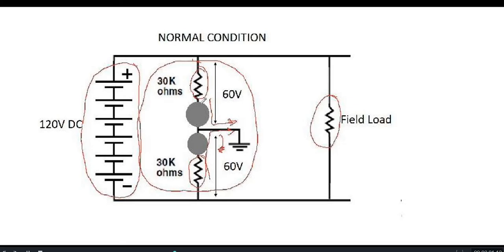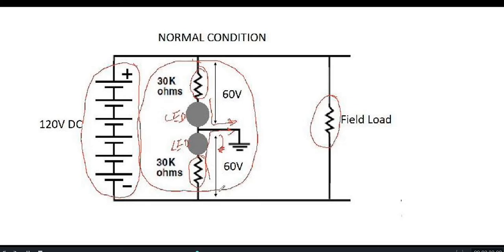Because of that, there are two LEDs. This is also an LED. These two LEDs are connected: first, one is connected from the positive DC arm to earth, and this LED is connected across the negative arm to the earth.